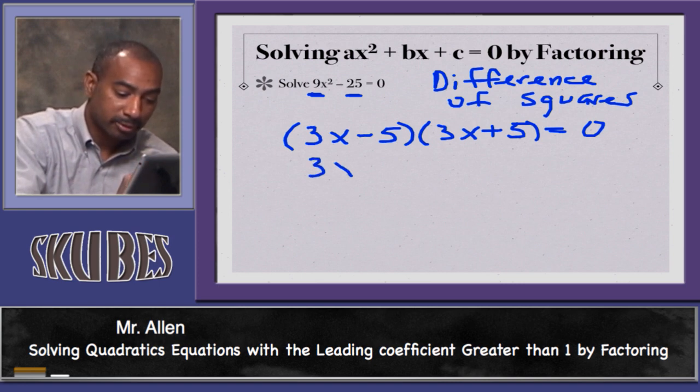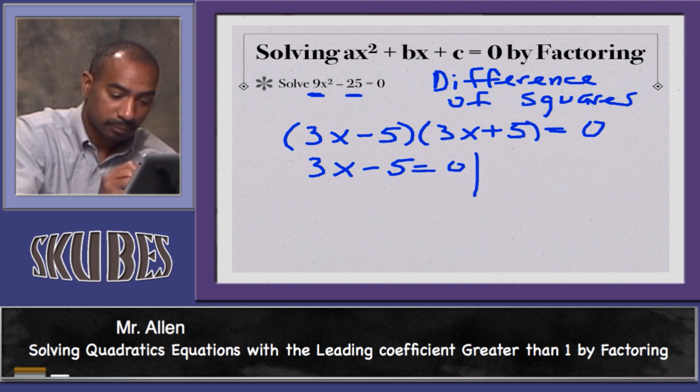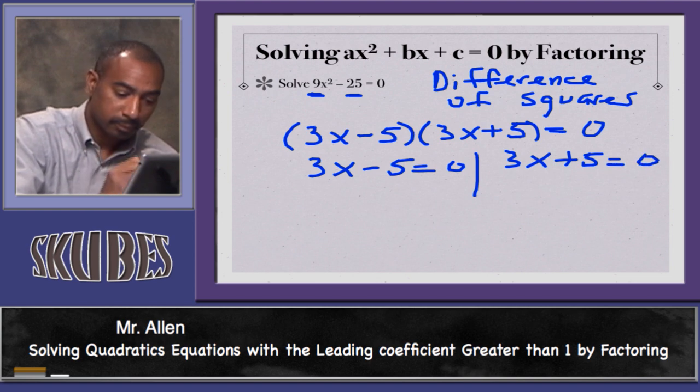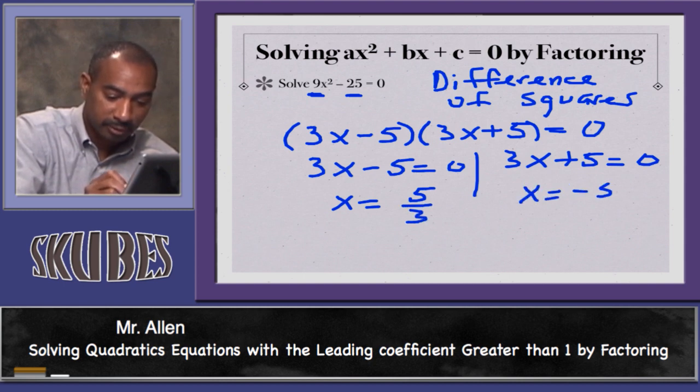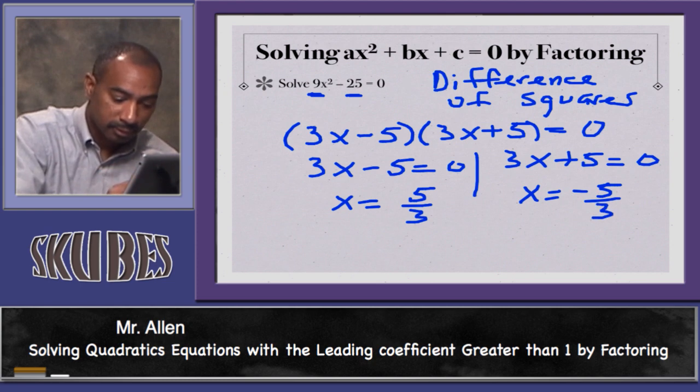Now I set both factors equal to 0. So x is going to equal 5/3, and x here is going to equal negative 5/3. So x in general is plus and minus 5/3.